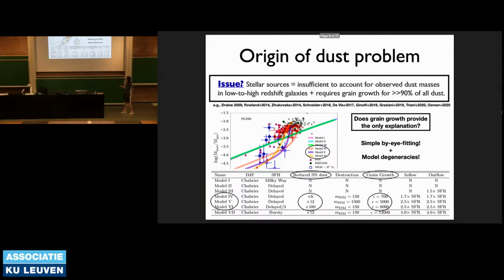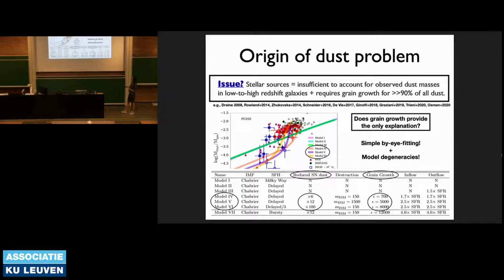But then if you zoom in and look at the model parameters for these specific models, focus on the reduced supernova dust yield. You have a standard dust yield for supernovae, so how much dust each supernova produces, and in these models he has decreased that number by these factors. Then you have the grain growth efficiency.